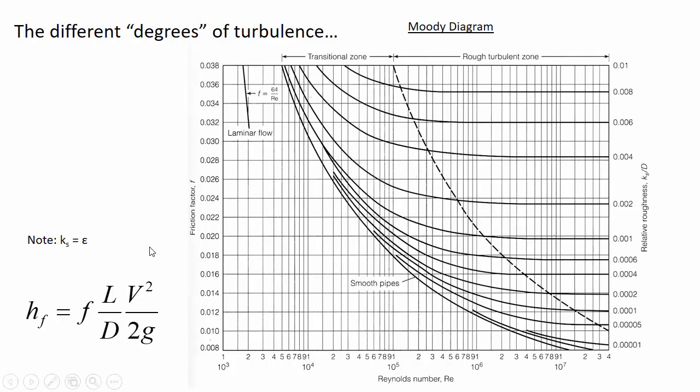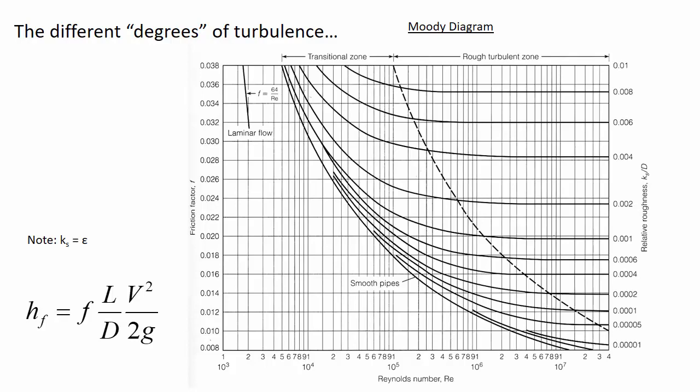Now, I hope that the Darcy-Weisbach equation, if you don't remember it, at least looks kind of familiar. This is the formula that we use in the energy equation in order to account for the effect of pipe friction.